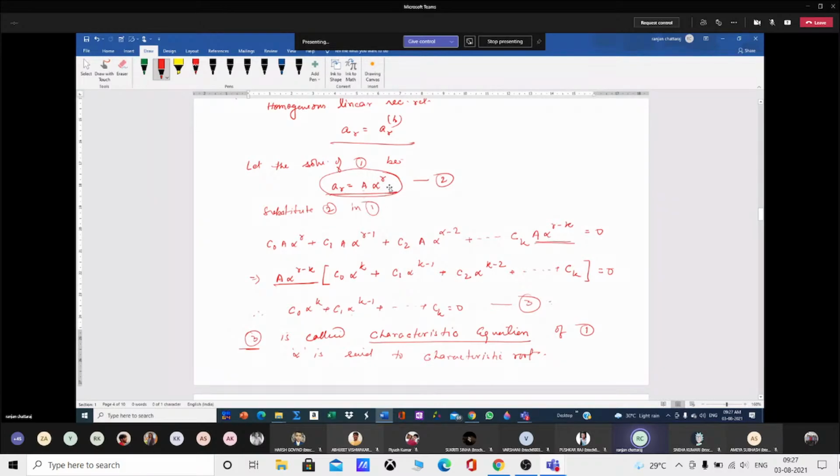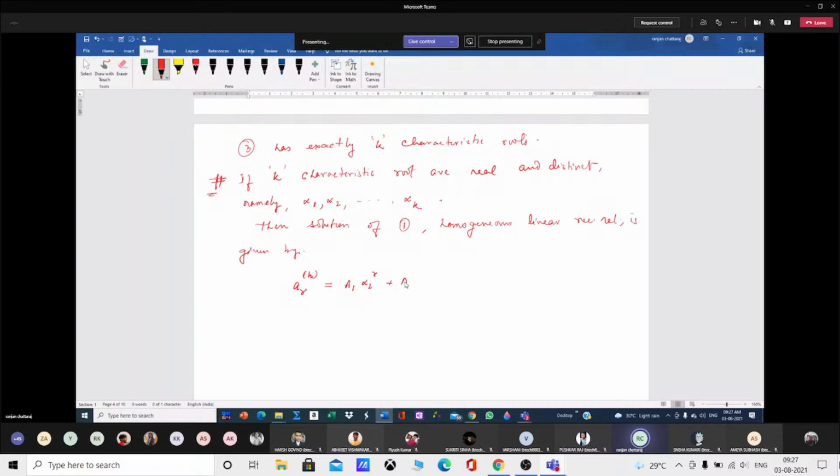Now simply put it here, and by the superposition principle from differential equations, we may write this plus A2 alpha 2^r, and so on. So this is the solution when the roots are real and distinct.